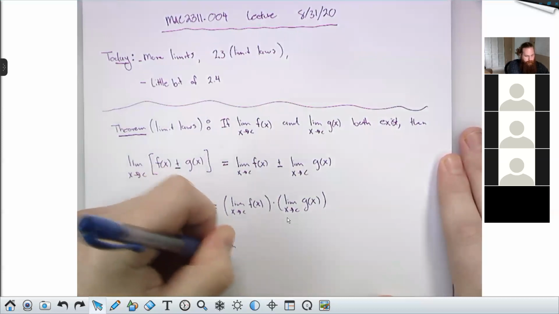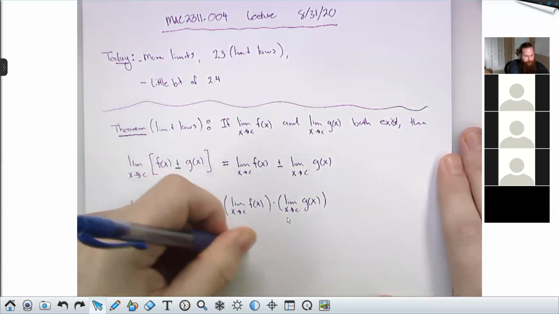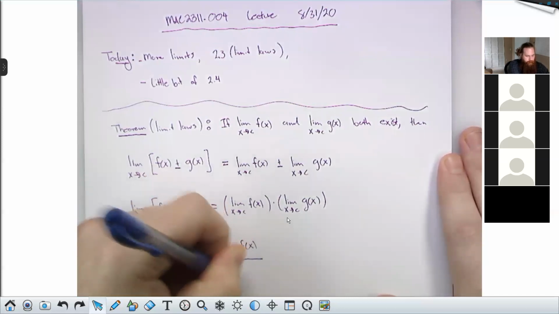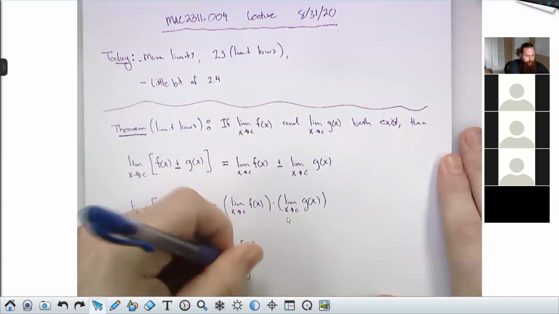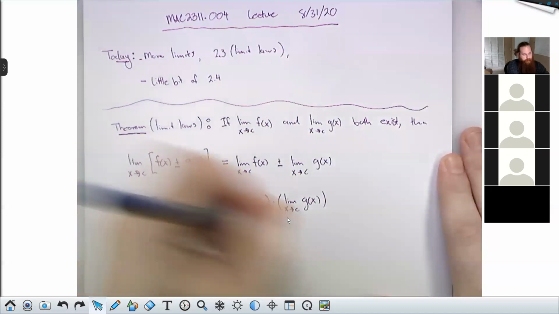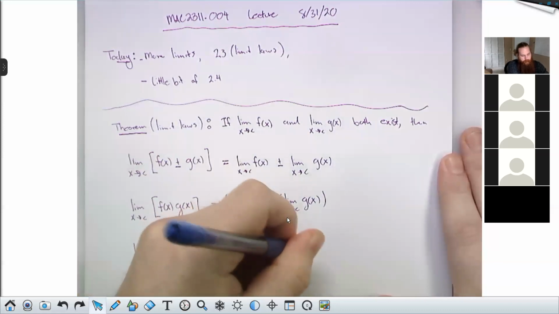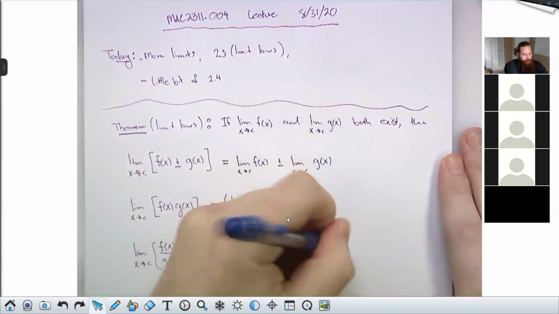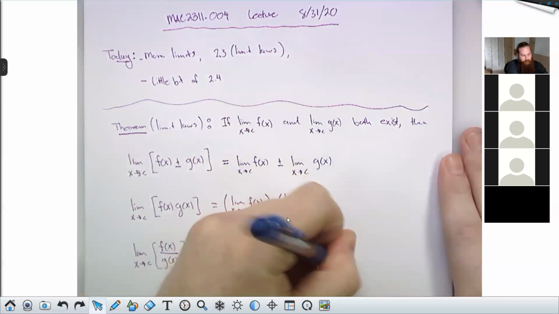You can take the limit as x approaches c of f of x, and divide that by the limit as x approaches c of g of x. But this has one additional stipulation, and that's that the object downstairs, the limit as x approaches c of g of x, is non-zero. So of course we can't divide by 0.